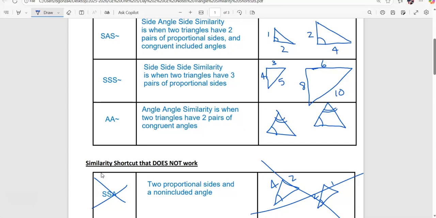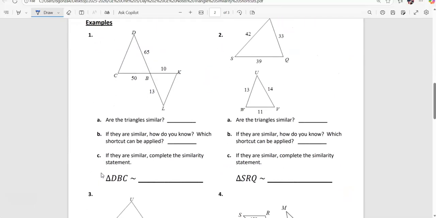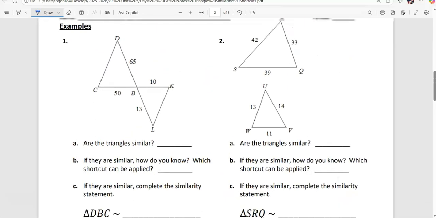Ready for the back? If not, you can get it later from a friend or we can go back. Look at example number 1. Everybody, flip it over. Everyone awake? All right, here's the question.